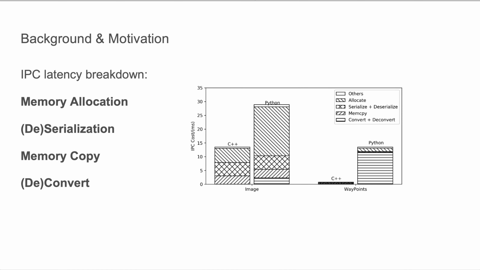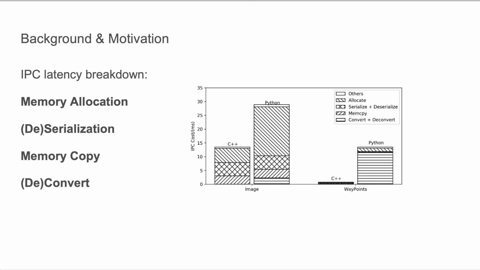We studied the details of the IPC cost in those two-like frameworks in both C++ and Python processes. We select two types of messages, image and waypoints.